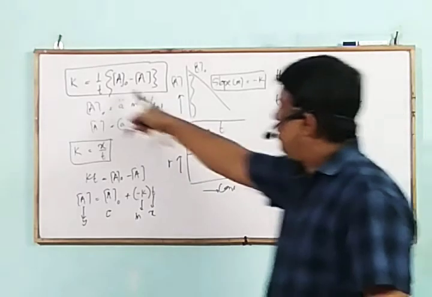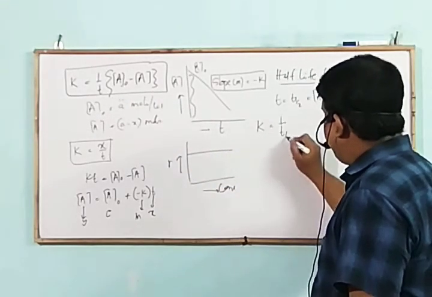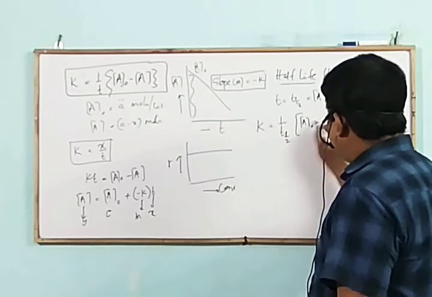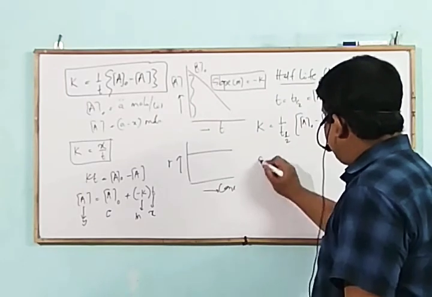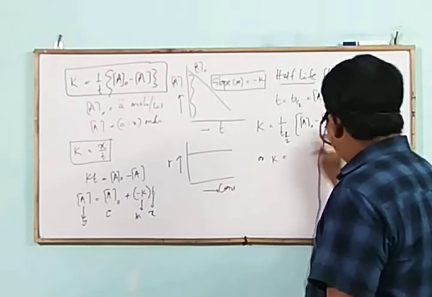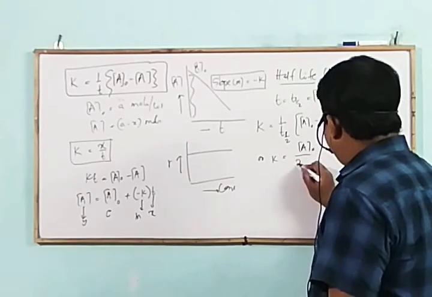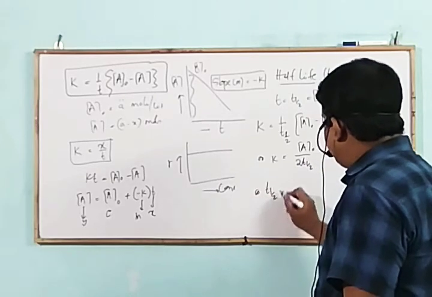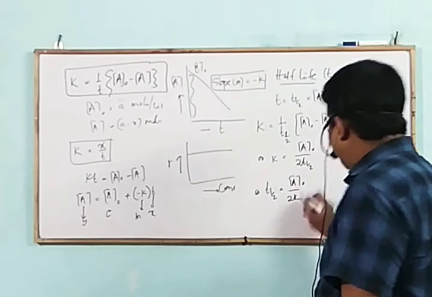So putting this value in this equation, we have K is equal to 1 by t half, A naught minus A naught by 2. So K is equal to A naught by 2 t half, or t half is equal to A naught by 2K.